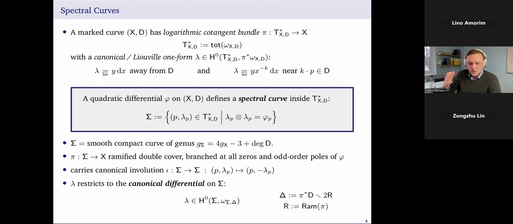The ramification locus is sitting above where the quadratic differential has zeros or odd order poles. This is a difference not as divisors, but I have to remove two copies of the ramification locus only where it intersects the pullback of D.